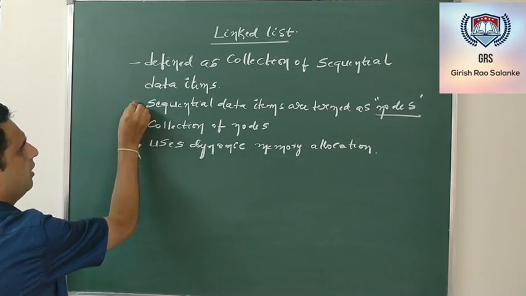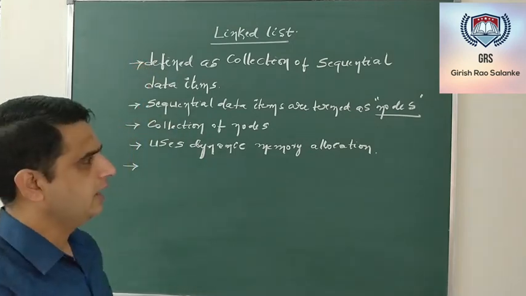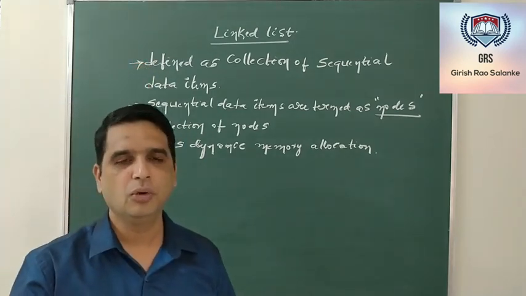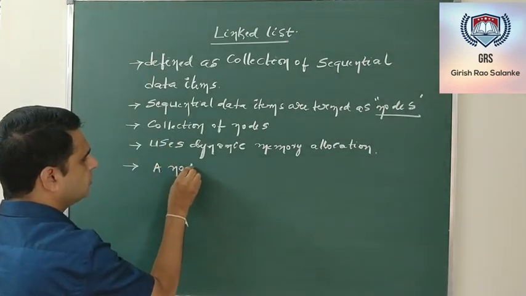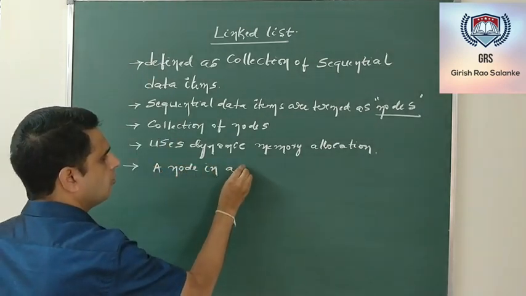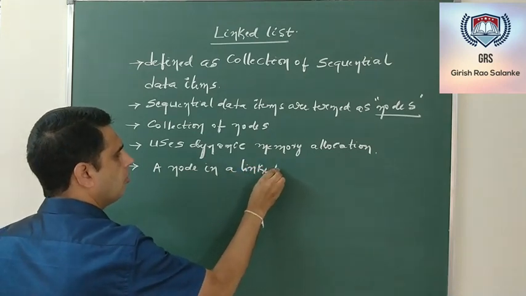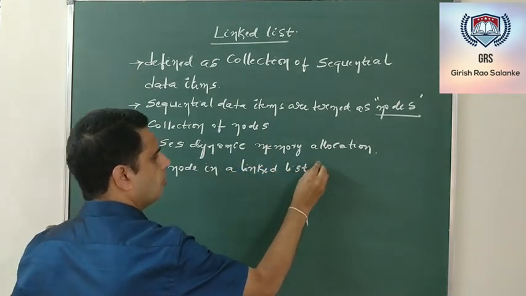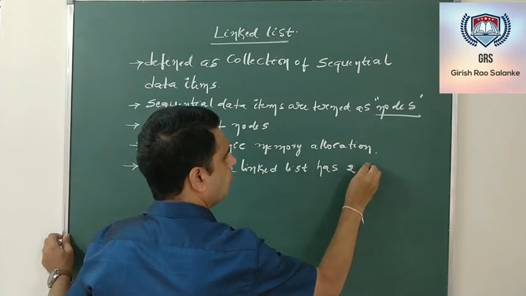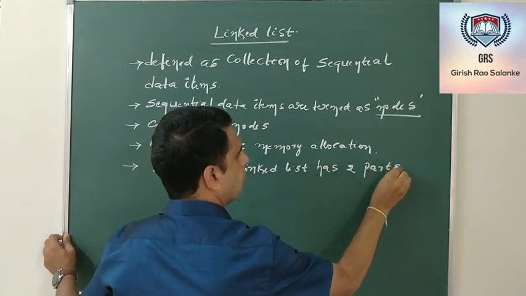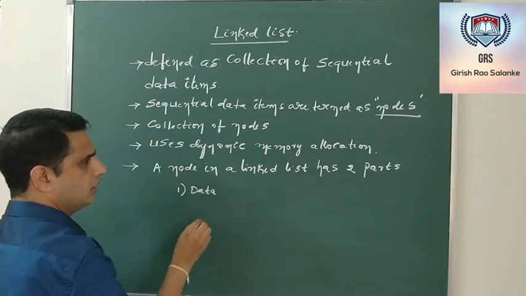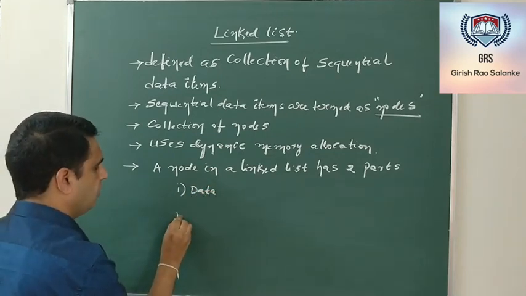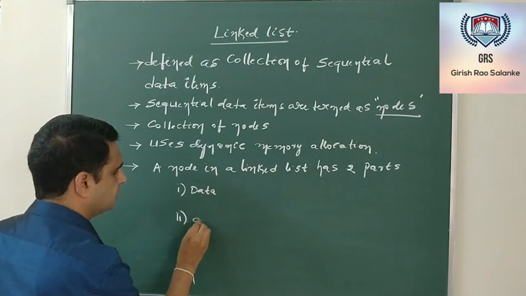As we have defined, a linked list has a collection of nodes. Note that a node in a linked list has basically two parts. First one is called the data field or the data part, and the second one is called the address part.